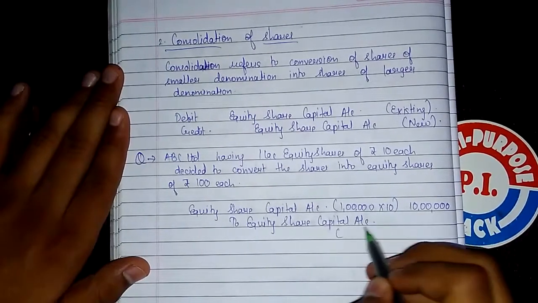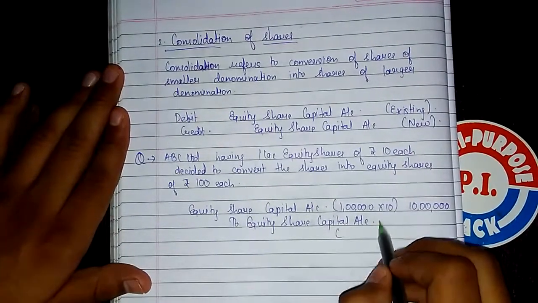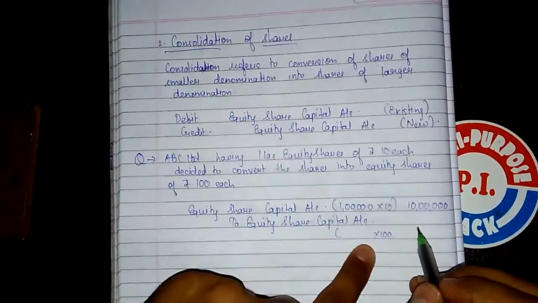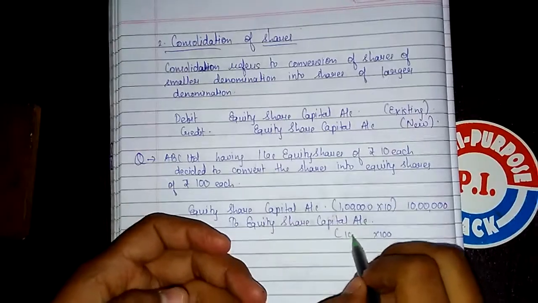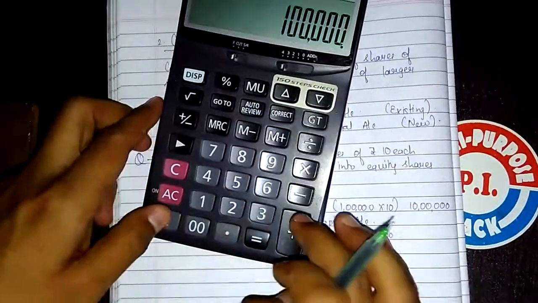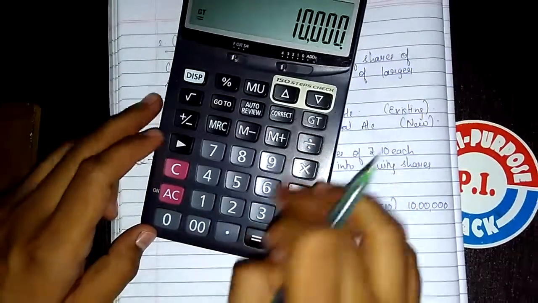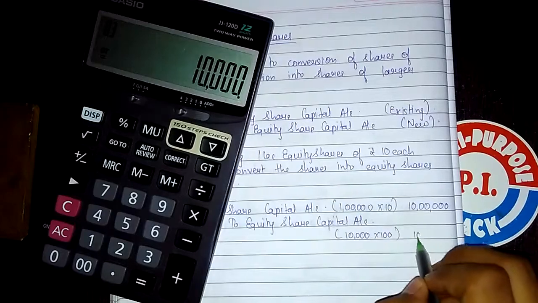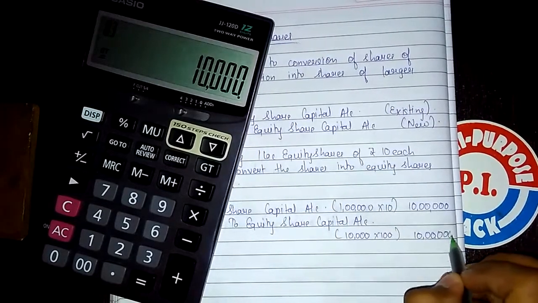And the new one says 100 each, converted into 100 each. That means the number of shares have been reduced to 10,000. How 10,000? 10 lakh divided by 100 comes to 10,000. Okay, so 10,000 into 100 will again become 10 lakhs. I hope this is quite clear.